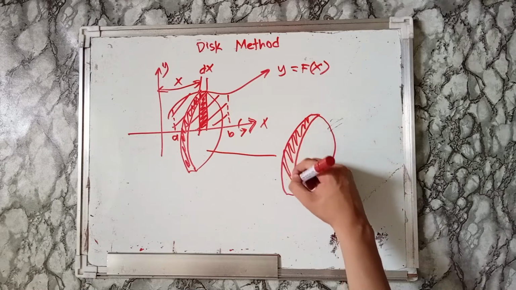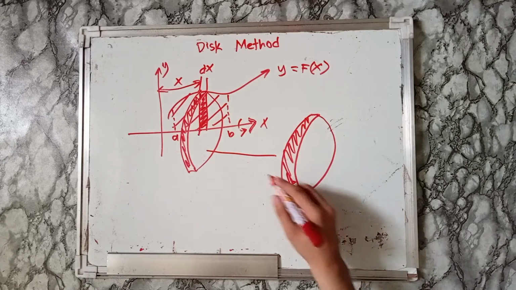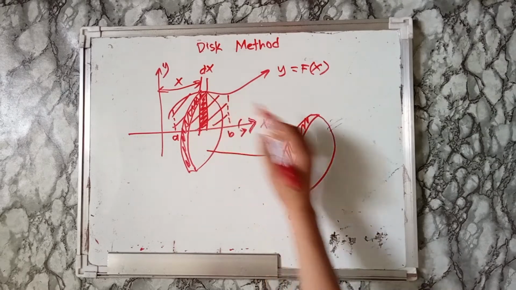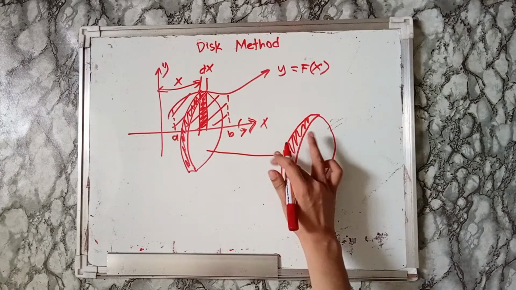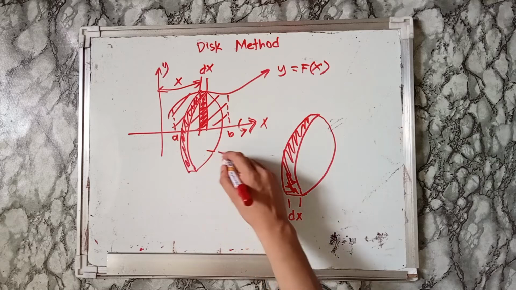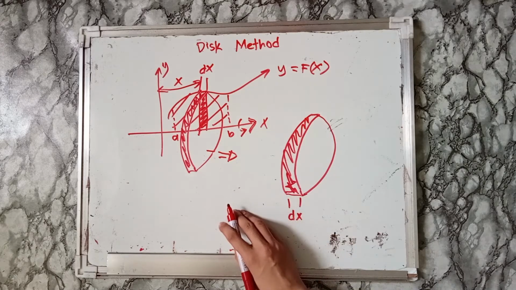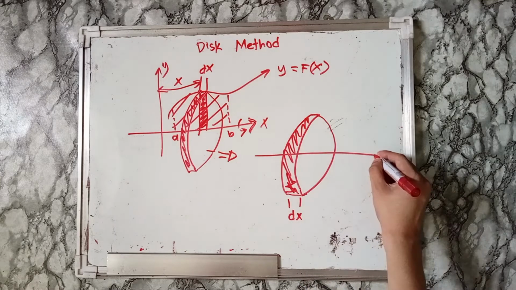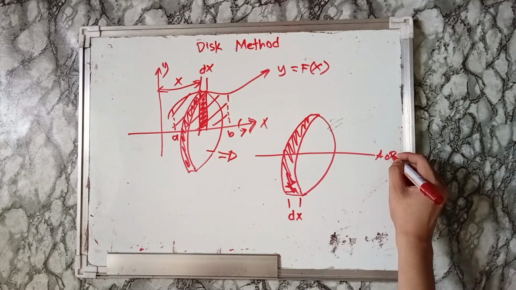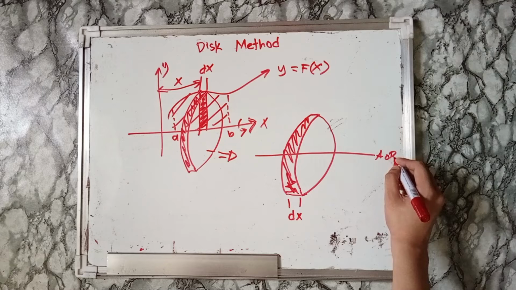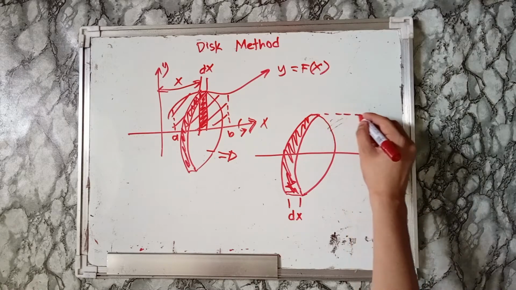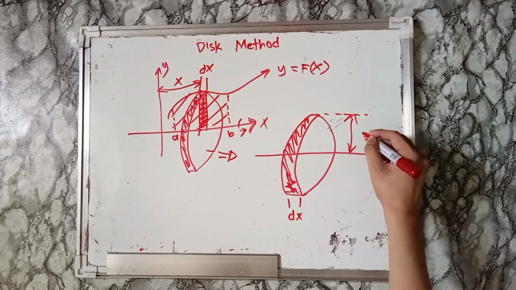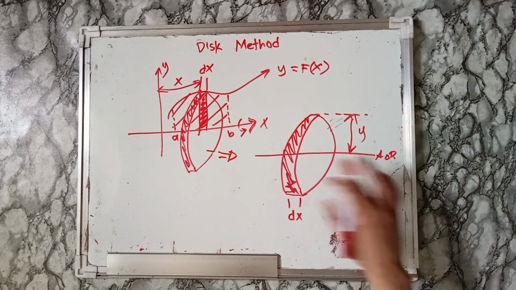Now, this is our dx, right? And of course, this is our area of rotation. And this is our y, the height of our disc.